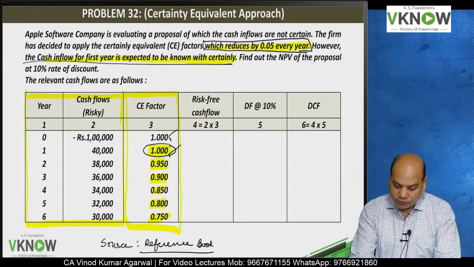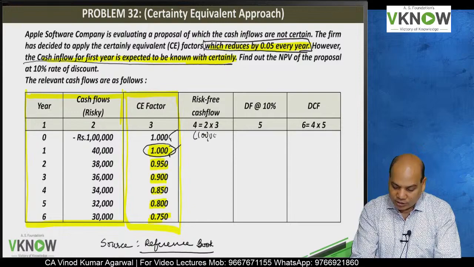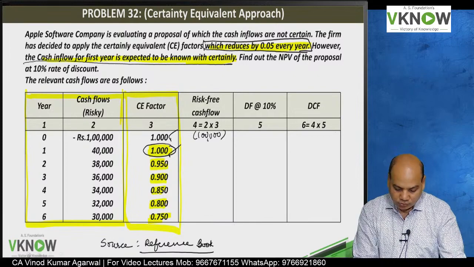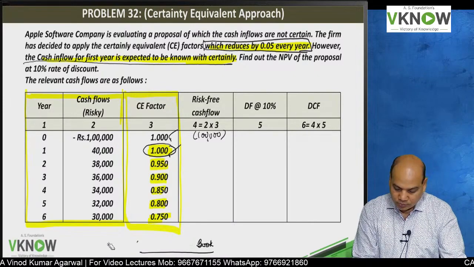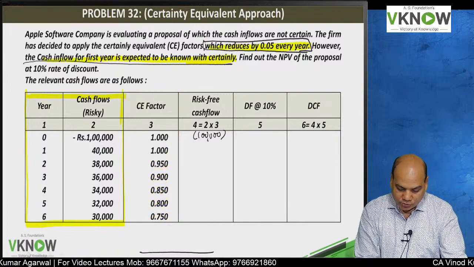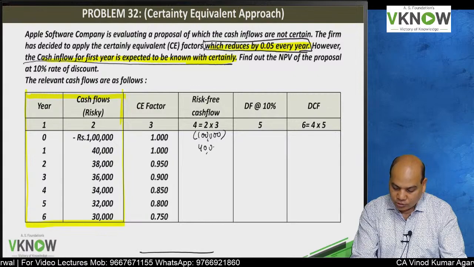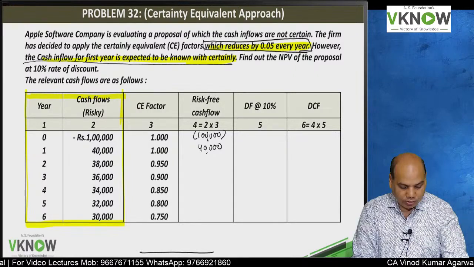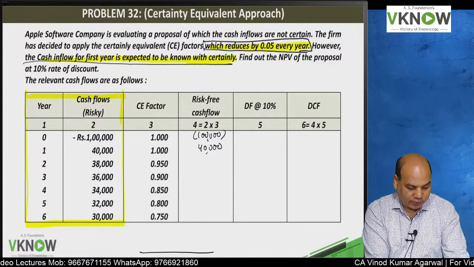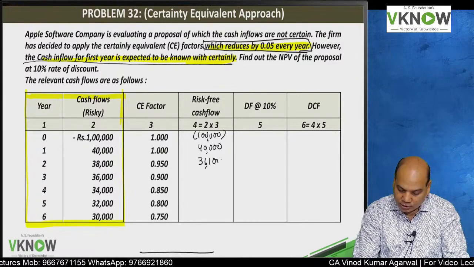Now please all of you participate in the discussion and compute the risk-free cash flow. Okay, 40,000 into 1, 38,000 into 0.95, 36,100.